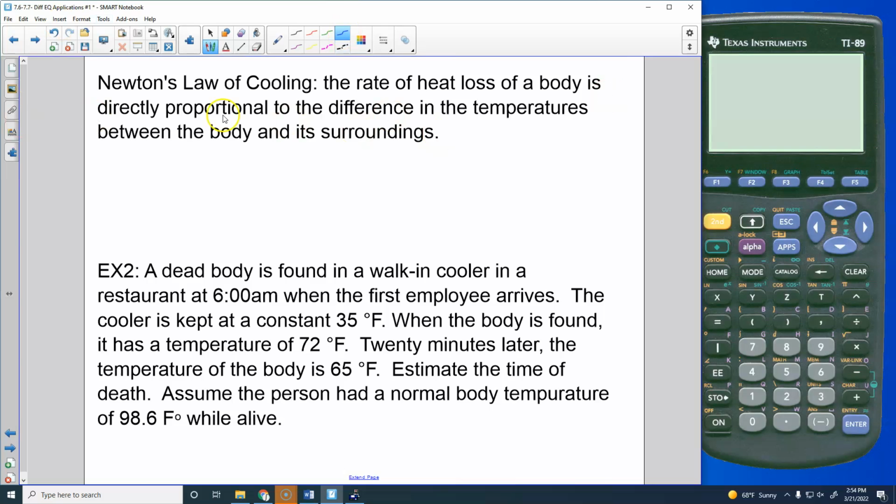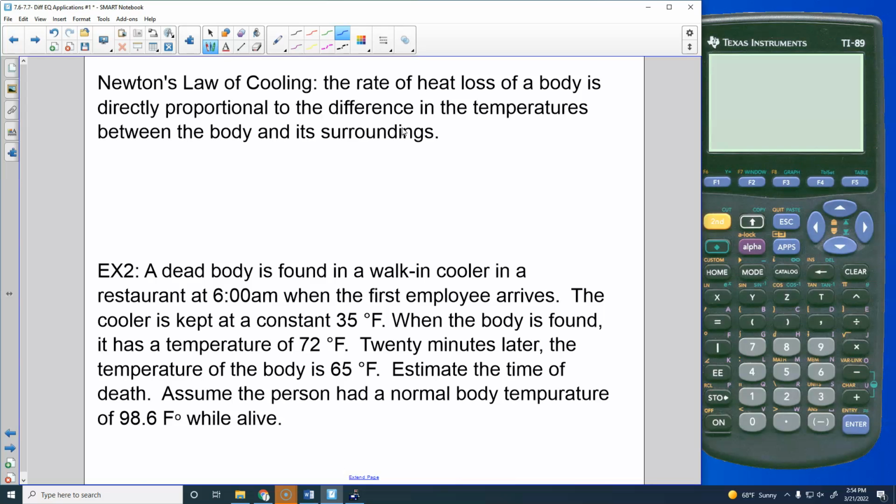So Newton's law of cooling in pre-cal, Coach Wood gave you the differential equation already solved. But to do that, you have to introduce a couple more variables. And we are expected to do this from the calculus perspective.